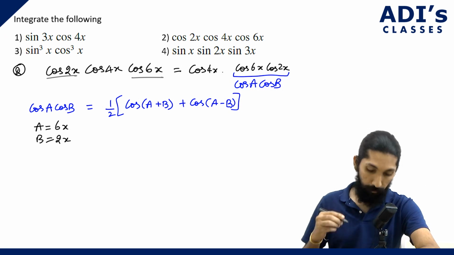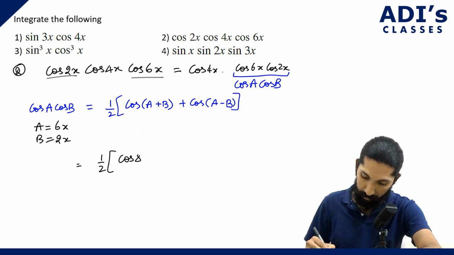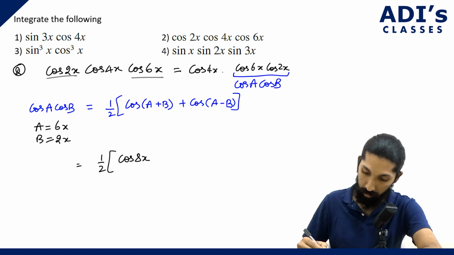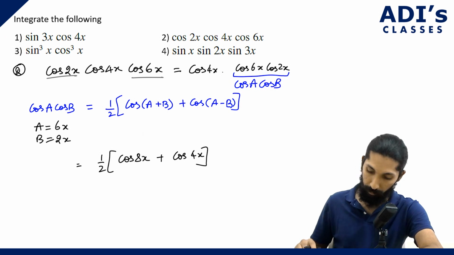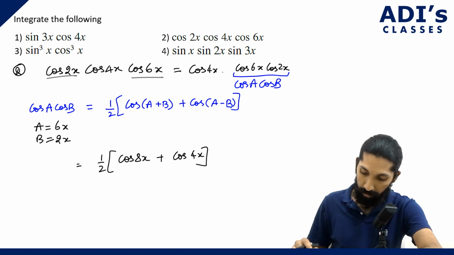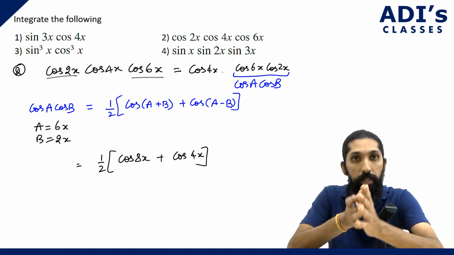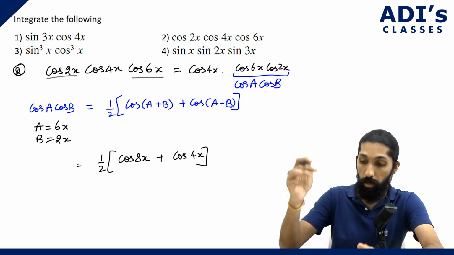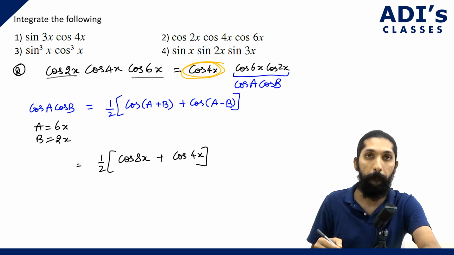If you apply, you are going to get half of cos 8x, 6 plus 2, 8x, plus cos 4x. So half of cos 8x plus cos 4x. But remember, this is only cos 6x into cos 2x. We have one more cos 4x here, which is outside.